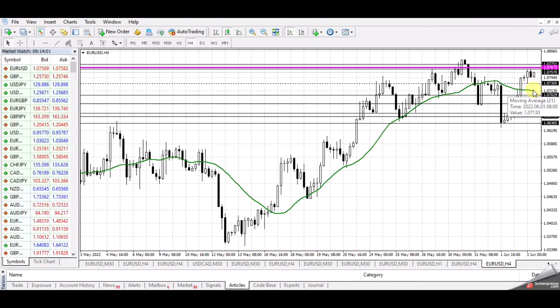Okay, remember that as long as the price is above the 21 period moving average on H4 chart time frame, okay, the trend is at upside.